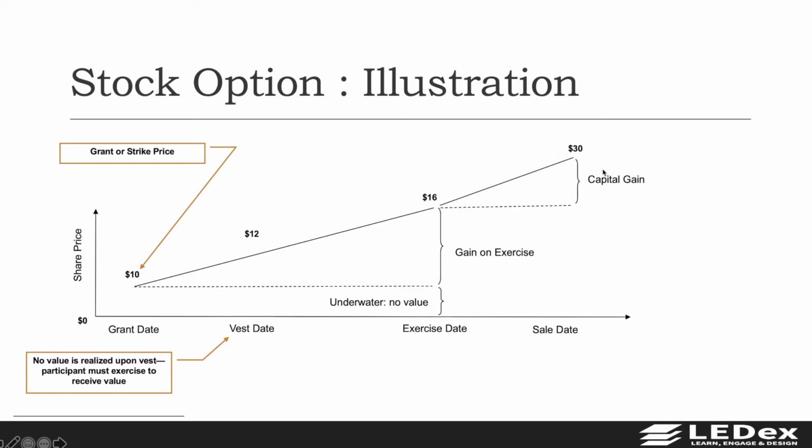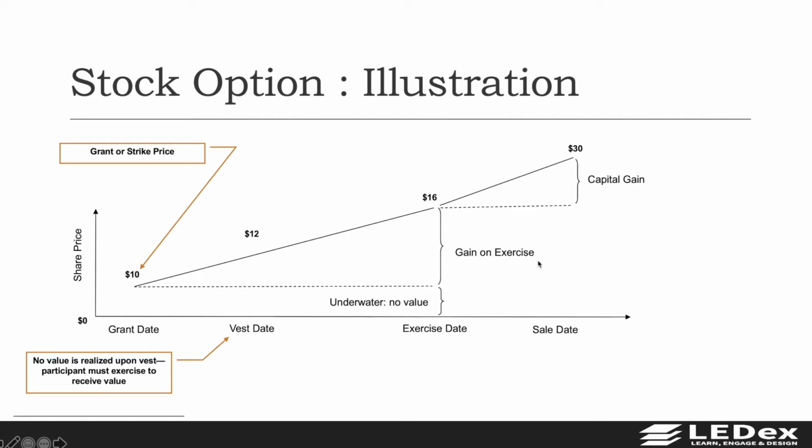Then this delta between the $30 at which the share was sold and the $16 at which the share was acquired is considered capital gain. So there are two different kinds of gain that have happened. One, the gain on exercise, which is paying $10 to get an asset worth $16, and then later the capital gain between $30 and $16 in this particular example.